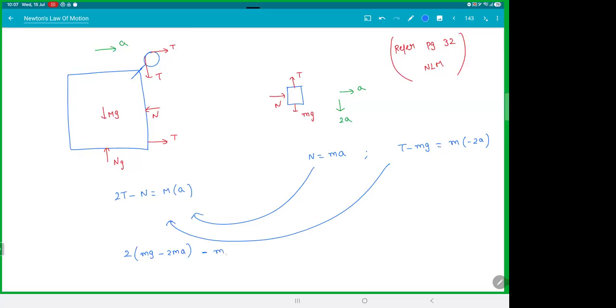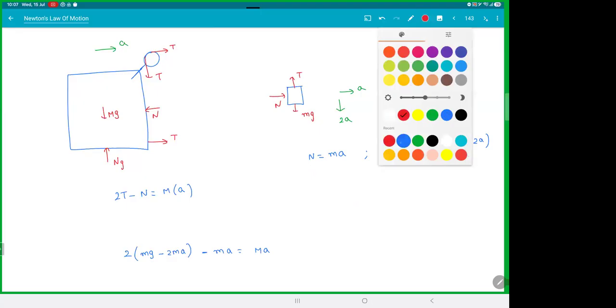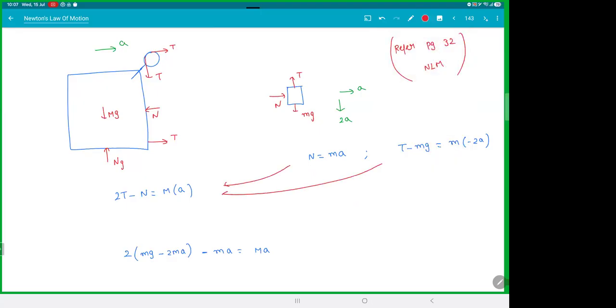N is equal to small ma is equal to capital Ma. Take out a common. That would be a equals 2mg by capital M plus 5m. You're done. So the small block is going with a i cap and 2a minus j cap. This is the value of a.